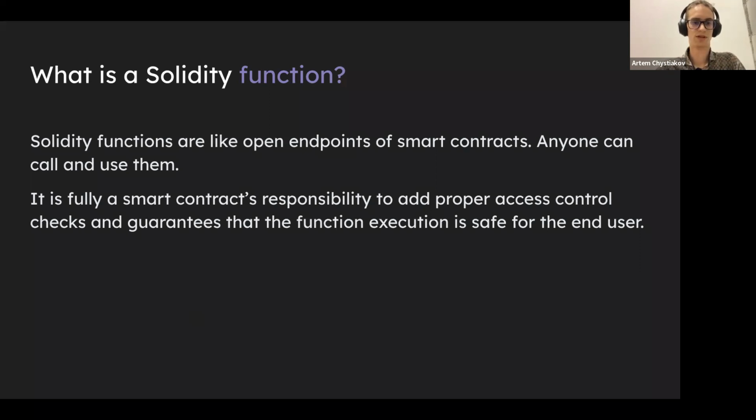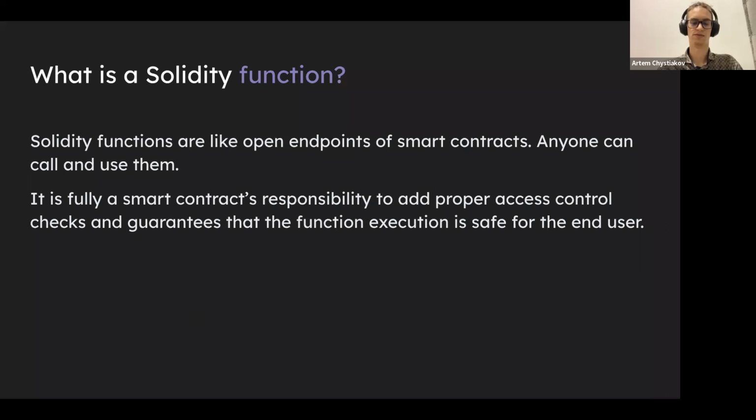It is fully a smart contract's responsibility to add proper access control checks and guarantee that the function execution is safe for the end user. There are no firewalls, there is no DDoS protection of smart contracts. This all has to be handled by smart contracts themselves.